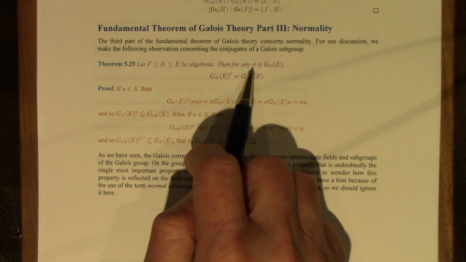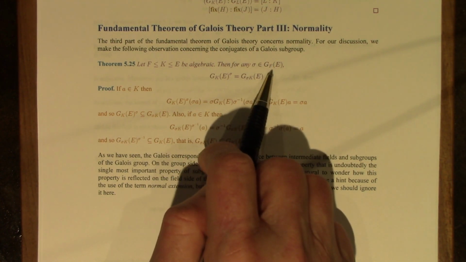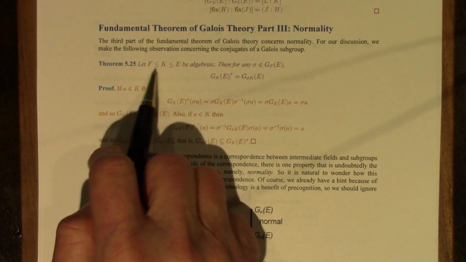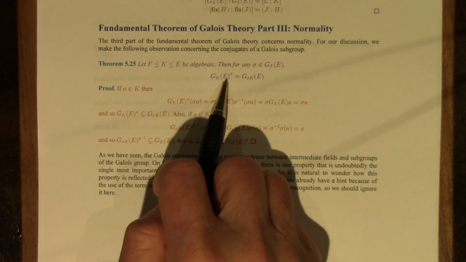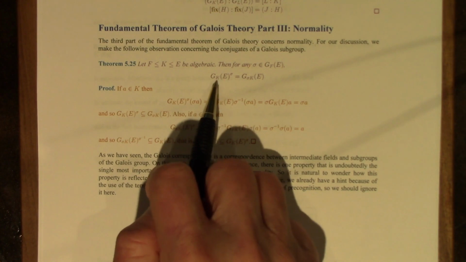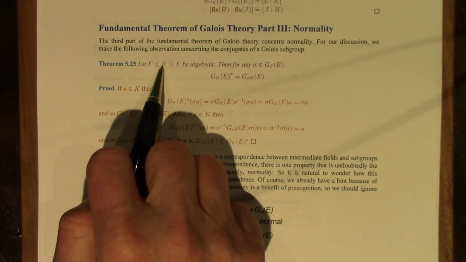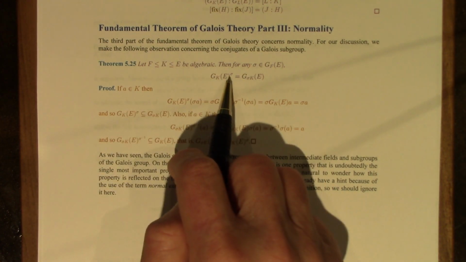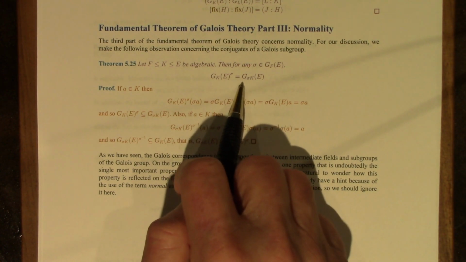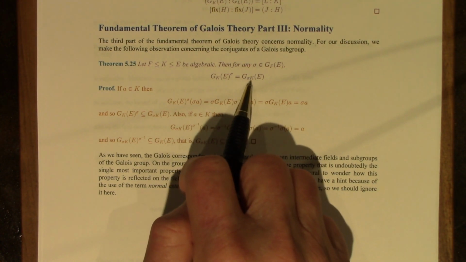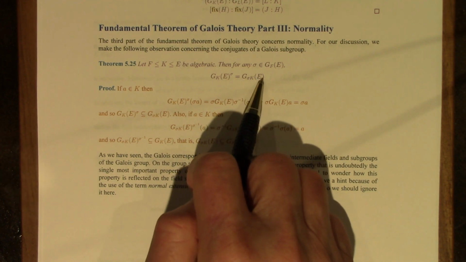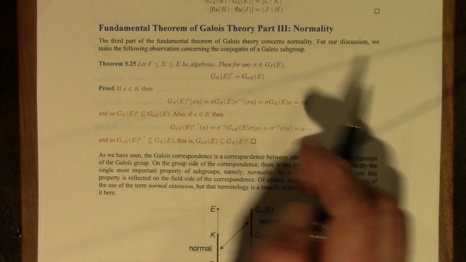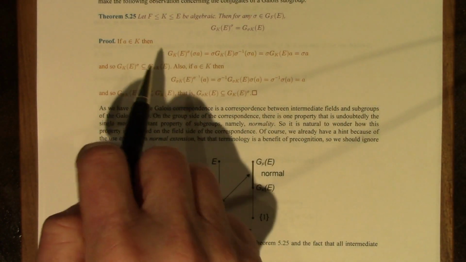Then for any sigma in the Galois group of the full extension, if we conjugate the Galois group of E over K, the intermediate field, by sigma, we get the Galois group of E over sigma K. And the proof looks like this.